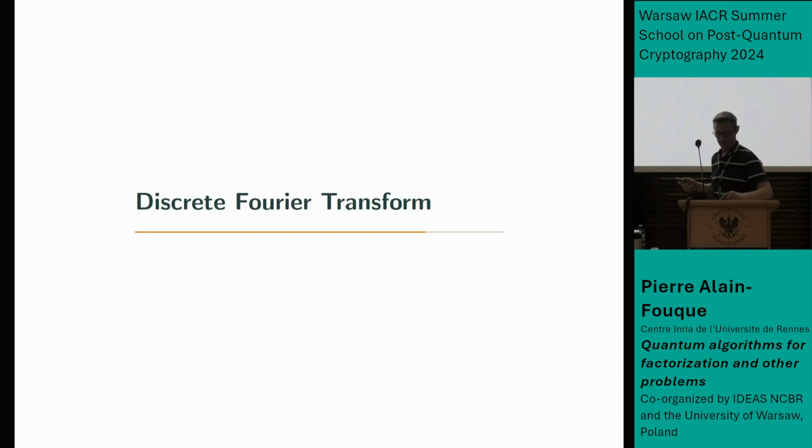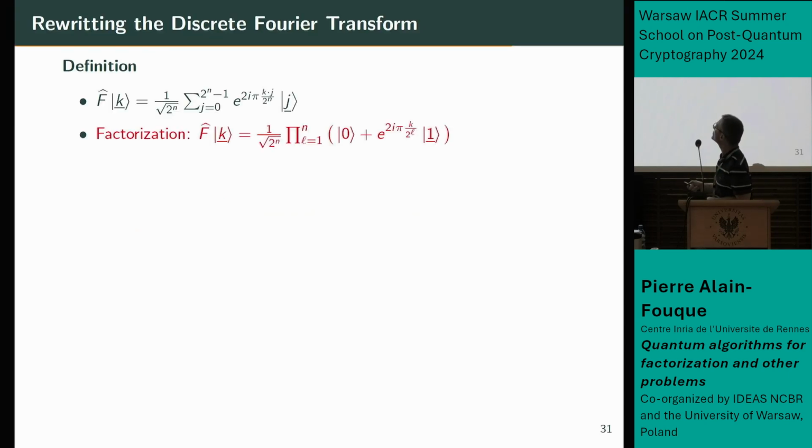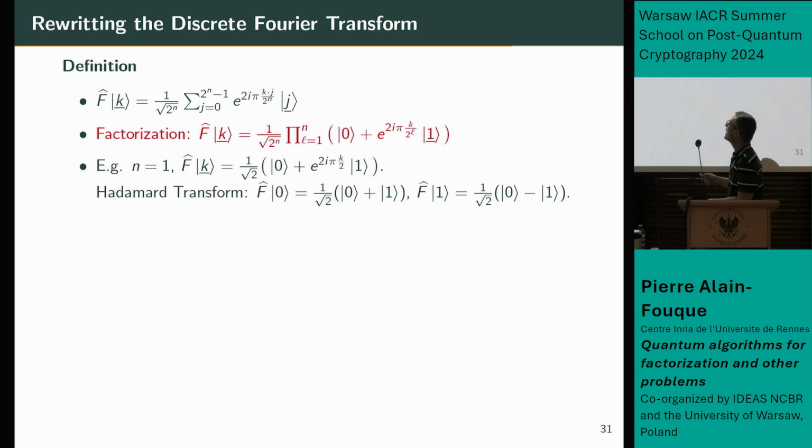No? Since I do not have much time to look at the discrete Fourier transform, let me just explain how you can look at the slide more carefully. The idea here is to rewrite the definition using some factorization. This is the first step, and I show you how it works for n equal to 1.